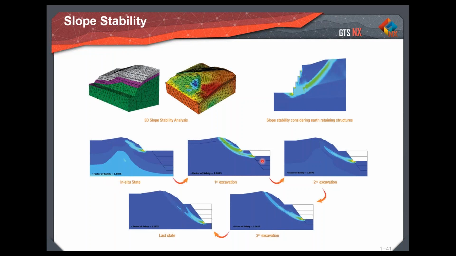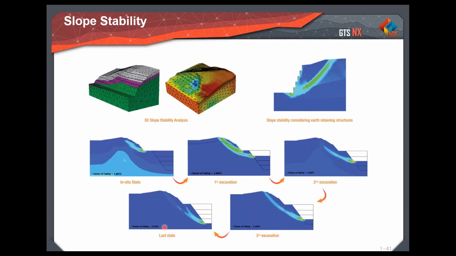In one single model, I will excavate the surface and find the factor of safety and the failure surface, and again I will excavate the next case. First excavation is done. What is the failure surface and factor of safety? Second excavation, failure surface and factor of safety. Similarly, the third excavation, and even the fourth, last excavation, I can find the failure surface along with the factor of safety.